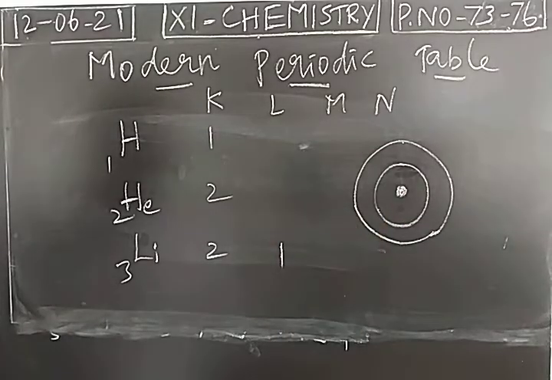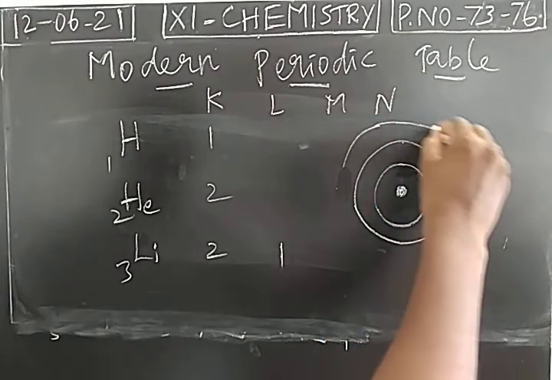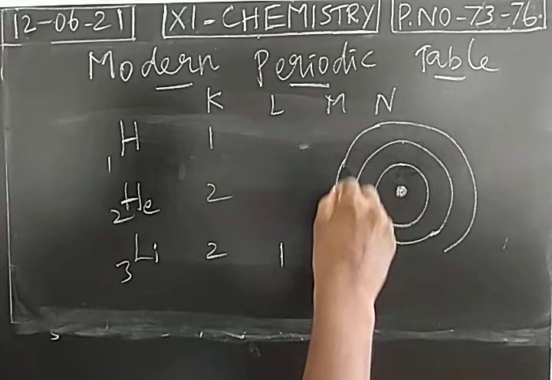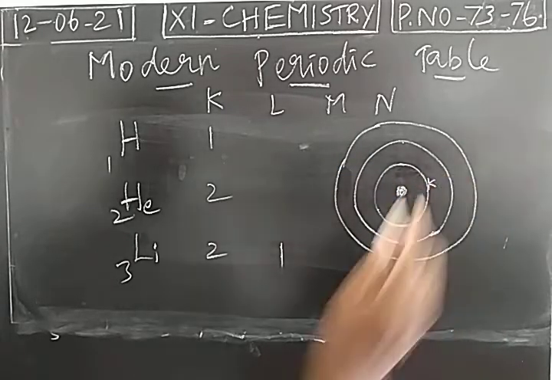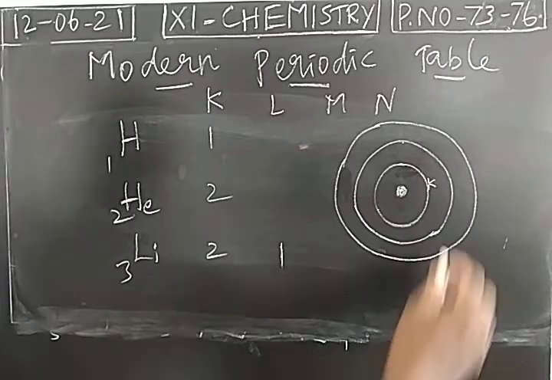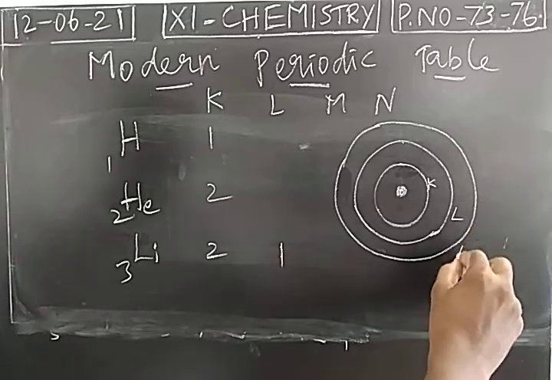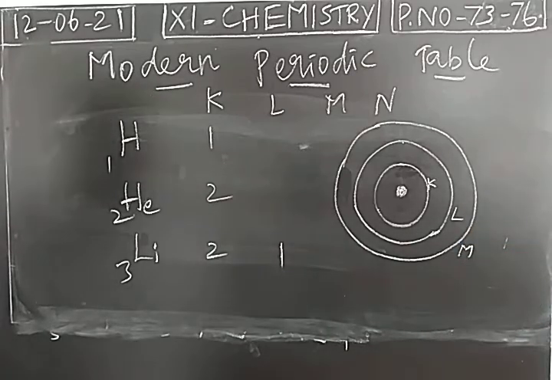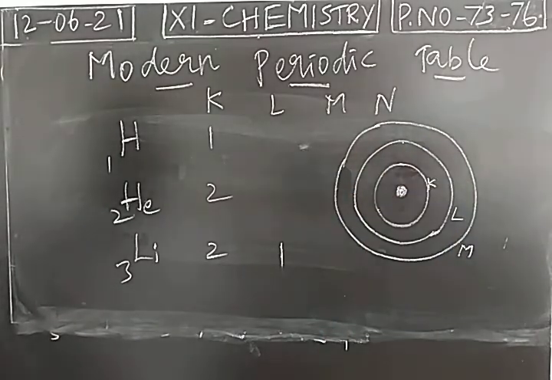Outside the nucleus, we have the shells. According to Bohr's model, the first shell is the K shell, the second shell the L shell, the third shell the M shell. Like that, we have the circular paths, which we call orbit or energy level or shell. Electronic configuration is nothing but how the electrons are arranged in the shells.